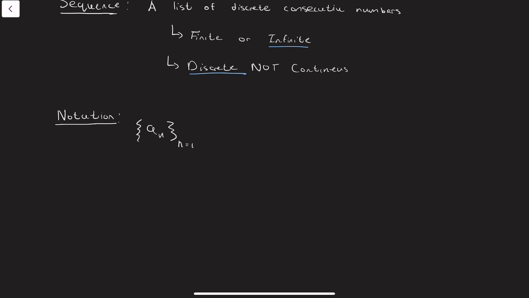So your index value n is equal to 1, and then it goes to infinity. And then if we wanted to write out the first few terms, we'd have a_1 being the first term, a_2, a_3, and go on forever. This form is the shorthand condensed form of writing what an ordered sequence would look like.